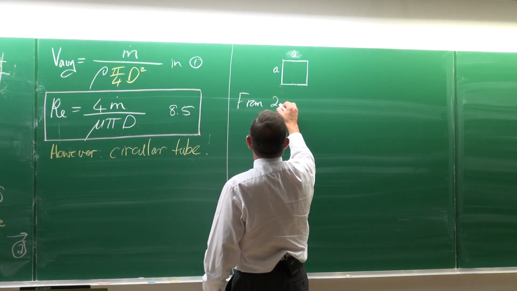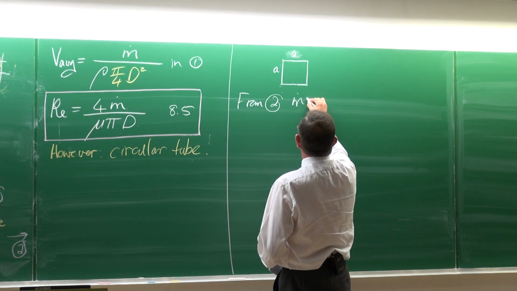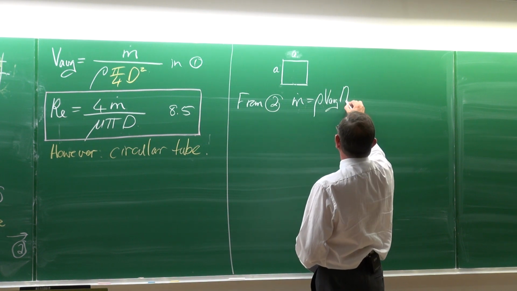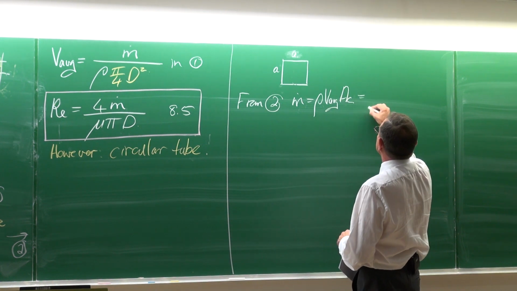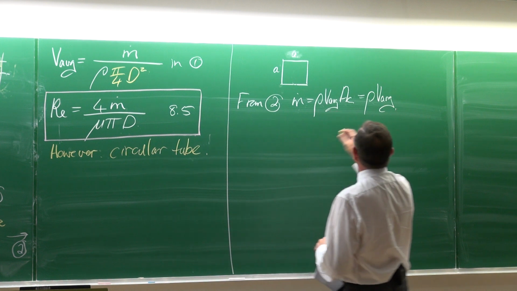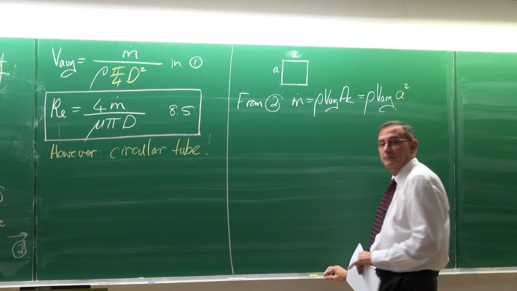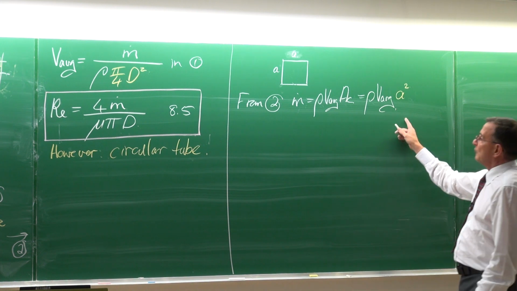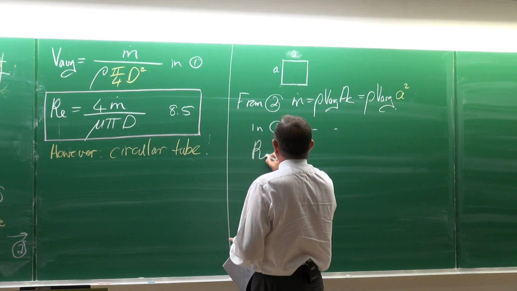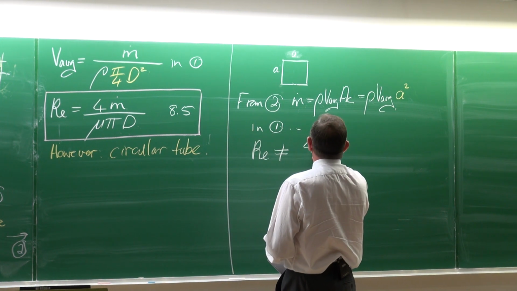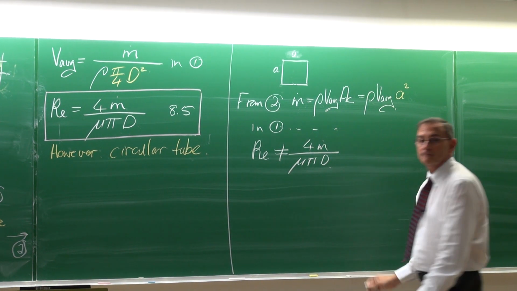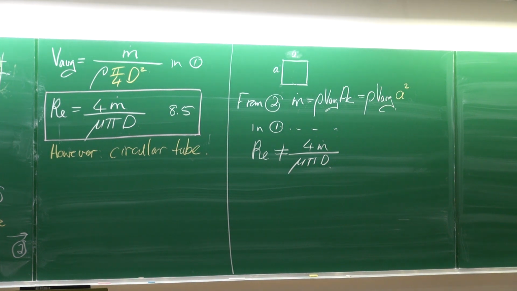Then from equation 2, the mass flow rate is equal to rho V average multiplied by the cross-sectional area, and in this case the cross-sectional area is equal to a squared. You see? Therefore, if you put this into equation 1, you are not going to get the Reynolds number equal to 4 times the mass flow rate divided by the viscosity pi d. So you have to be careful for that.